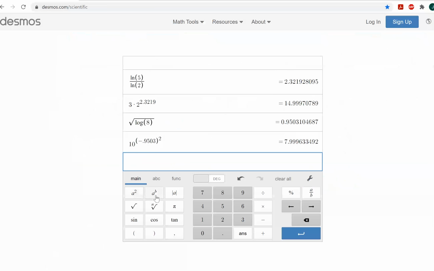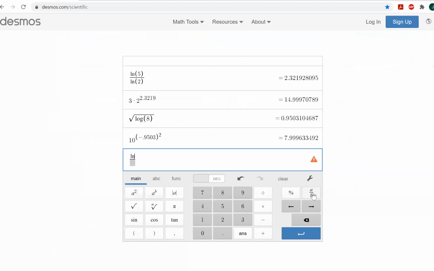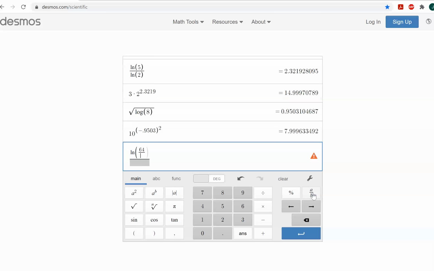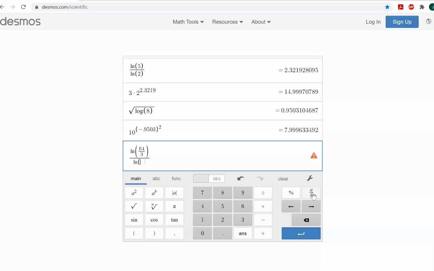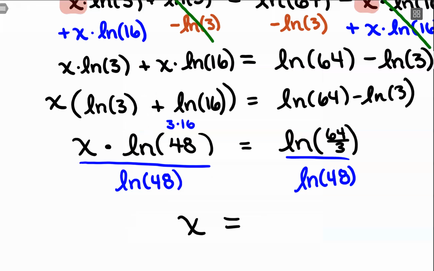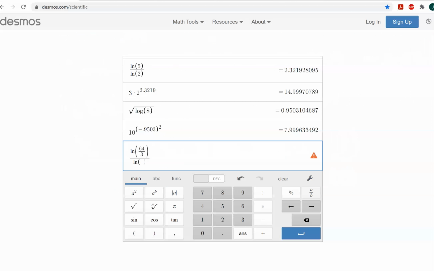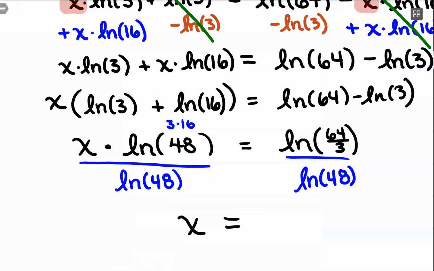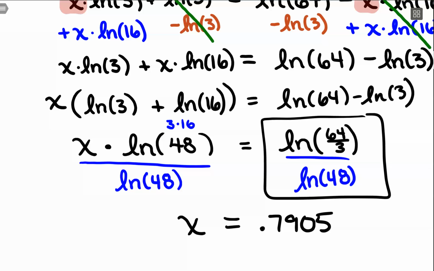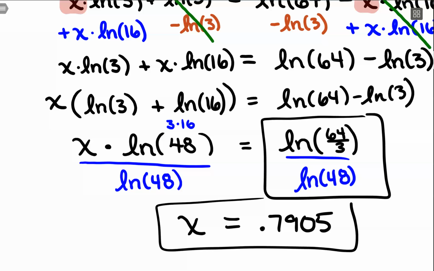So we're going to have a fraction: natural log of 64 over 3, over natural log of 48, which gives 0.7905 for a decimal answer. So for an exact solution, we would have this division here. For an estimated solution, we have this solution here.